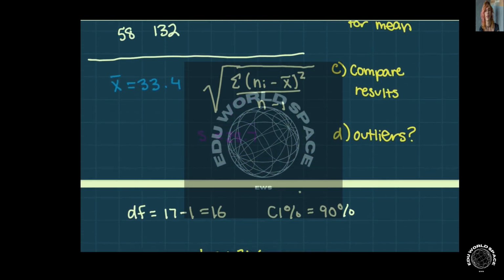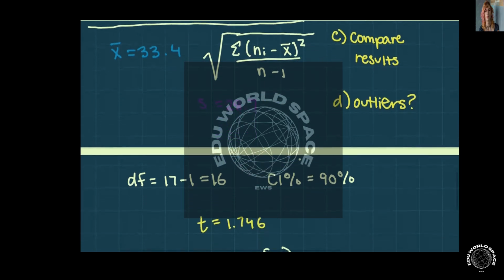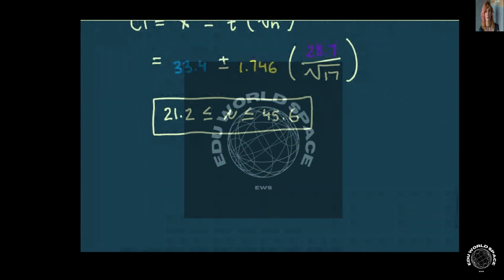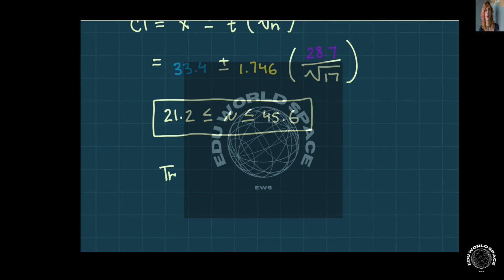Now we need to compare our results. So we're told that the true mean is equal to 31.7, which is approximately 32 years old. Our mean of 33.4, or basically 33 years old, is not that far off from 32. Remember that this is a sample size of only 17 women.